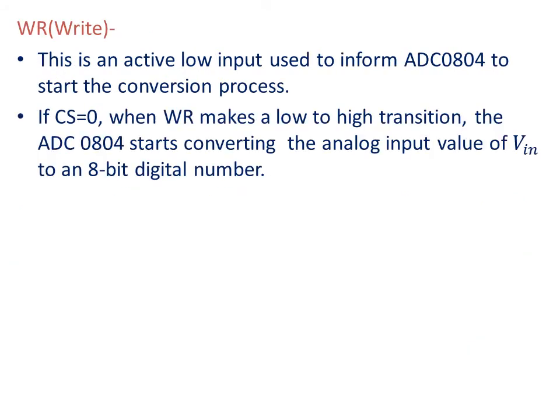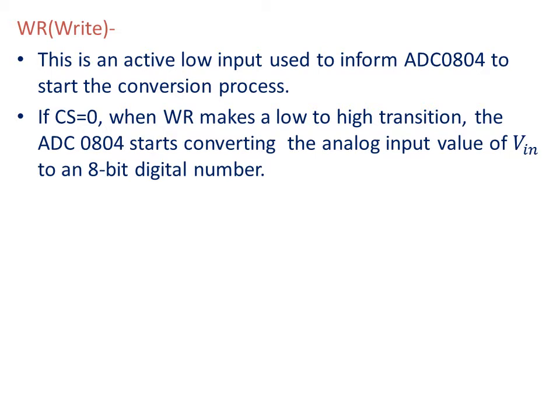The next pin is WR, that is write. It is also called start conversion. This is an active low input used to inform the ADC 0804 to start the conversion process. If CS is equal to 0, when WR makes a low to high transition, the ADC 0804 starts converting the analog input value of Vin to an 8-bit digital number.